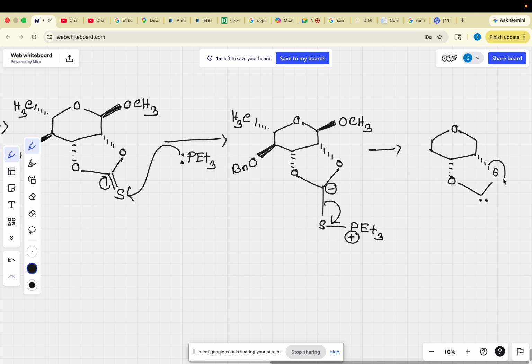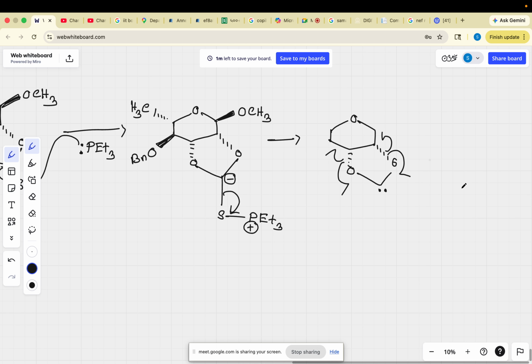Then this bond will break like this. So ultimately you will get an alkene compound. Attach the substituents here, whatever substituents you have, and that is your product.